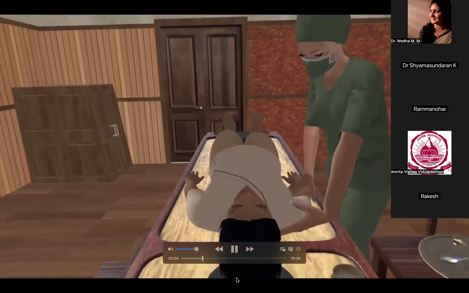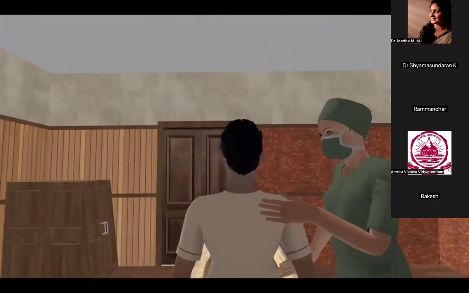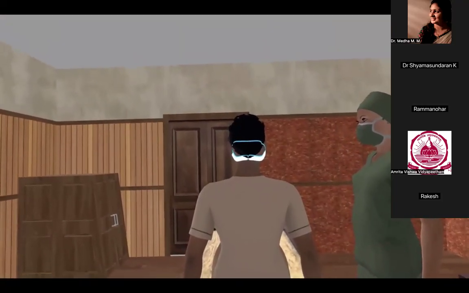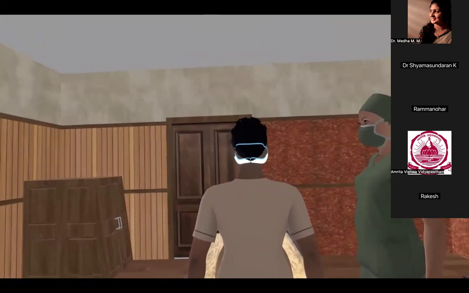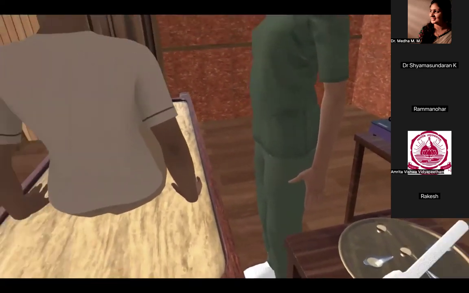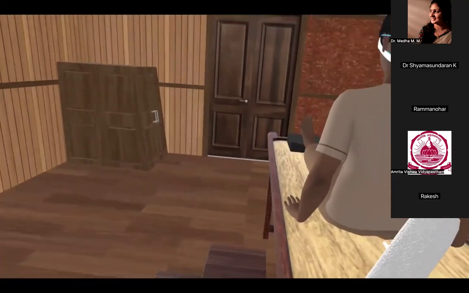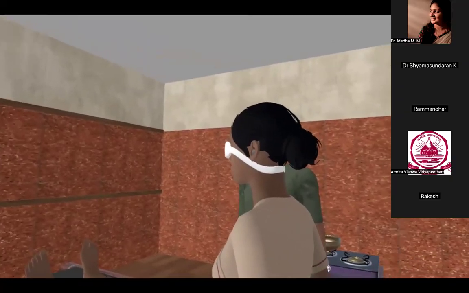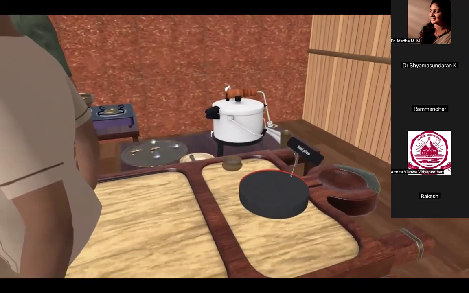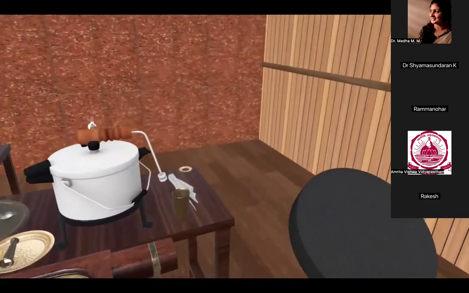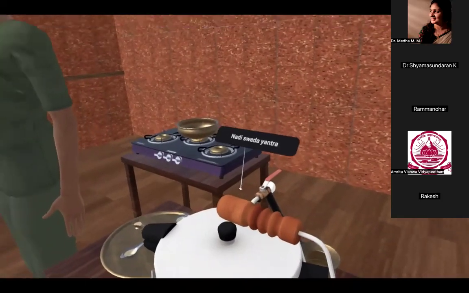After that, we have to ask the patient to sit down, and the eye pad is placed on the eye to cover the eyes. So we have to take the eye pad and cover the eyes, and then we have to remove the head pillow from the table.